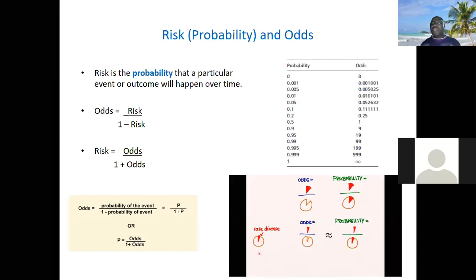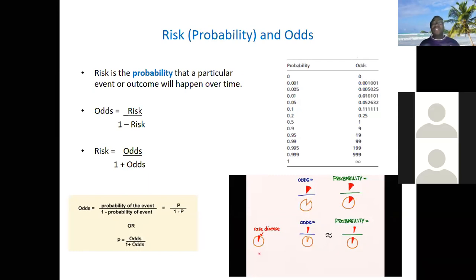I want us to compare risk and odds. Risk just means probability. We are familiar with probability, the chance of an event occurring. Probability is the same thing as risk in statistics, but the everyday usage of risk may mean different things.